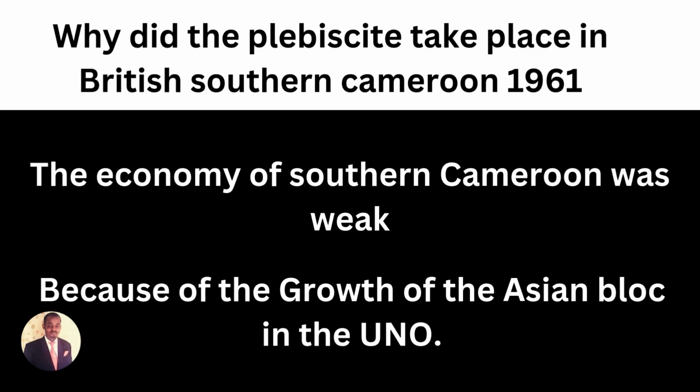The next one is that the economy of Southern Cameroon was weak, and also there was the growth of the Afro-Asian bloc in the UN, which was increasing in speed. Those are some of the reasons why there was a plebiscite in British Southern Cameroon in 1961.